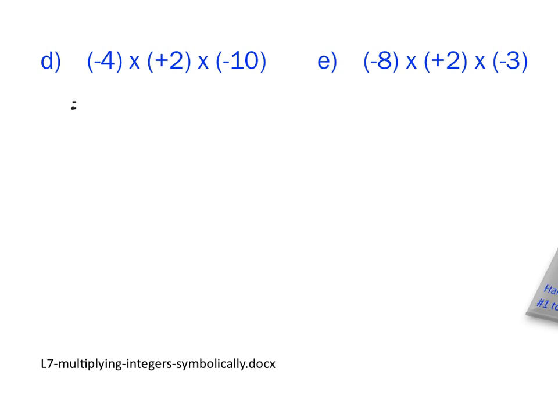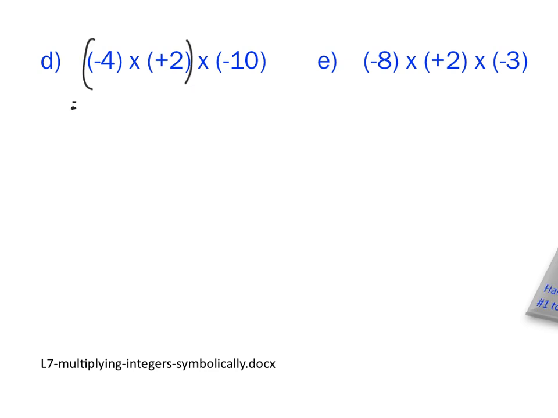As long as you're just multiplying, dividing is a whole different animal. If you're multiplying 3 numbers together, it doesn't matter which 2 you multiply together first. You can multiply the 4 times the 10, the 2 times the 10, the 10 times the 4. It doesn't matter. It might just be easier to multiply the first 2 together.